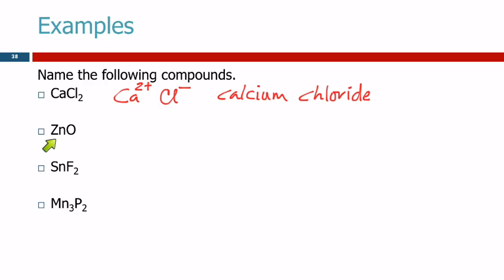Let's look at this, ZnO. Sometimes you just take a saw and cut it in half. There's two ions. What charge does zinc ion have? 2+. How do we know that?